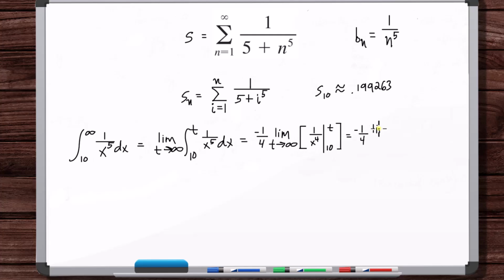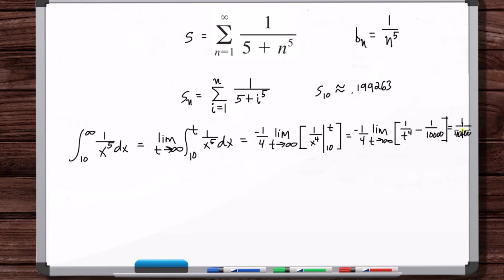So we've got 1 over t to the 4th minus 1 over 10 to the 4th, 10,000. As t approaches infinity, this goes to 0. You have minus 1 over 10,000 times minus 1/4, so 1 over 40,000.